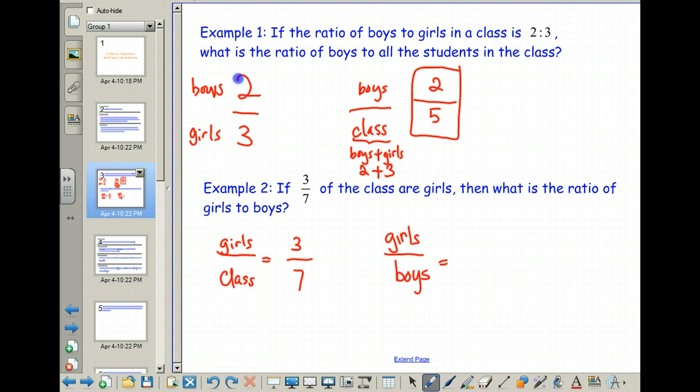So what would the ratio of girls to boys be with those numbers? 3 to 4. So it would look like the fraction 3/4. And again, why? Well, because this class should be boys plus girls. And we already said that the girls is 3, right? What's missing would be a 4 to make this 7 at the bottom.